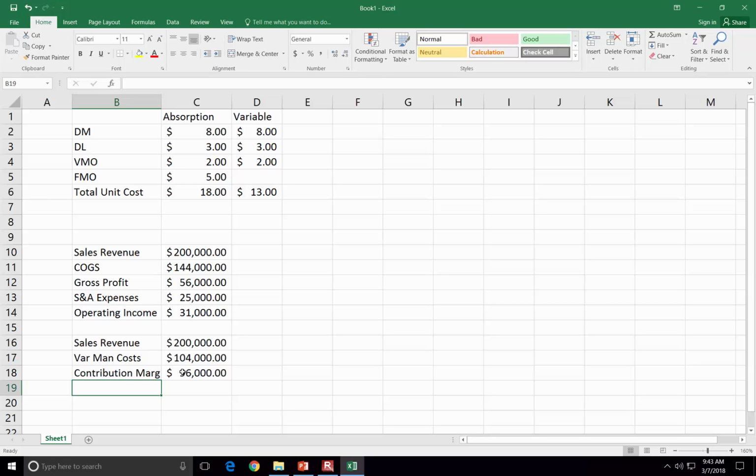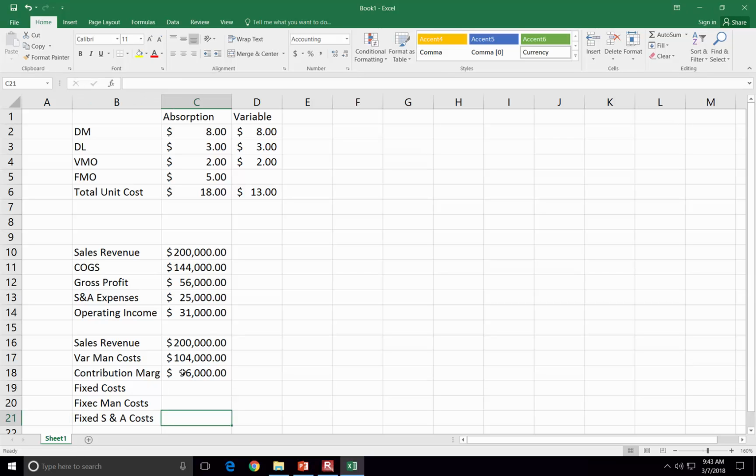Then we'll have our fixed costs, which will include our fixed manufacturing costs and our fixed selling and administrative costs. Fixed manufacturing costs was $50,000.